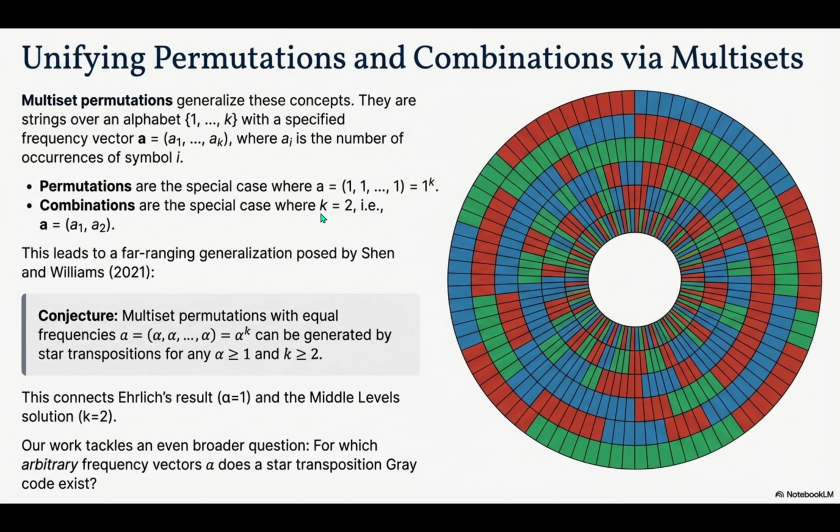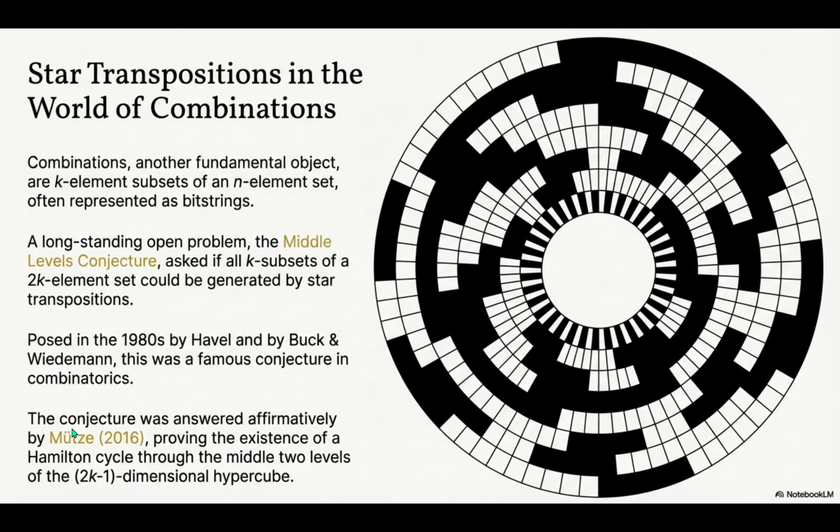This feels like it's leading us right to a very famous problem in this field. It connects directly to it. This is really built on the foundation of the middle levels conjecture. Right, which was posed decades ago. And it asked this very question, but for a very specific, perfectly balanced case. The case of alpha-subsets. Two symbols, same number of each. That was the big problem of finding a path through the middle layers of a hypercube, which sounds niche.